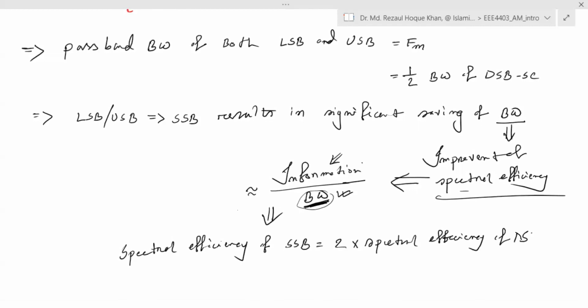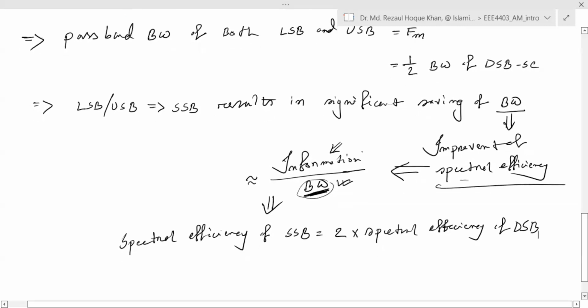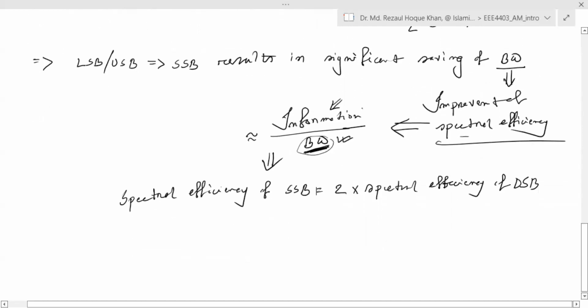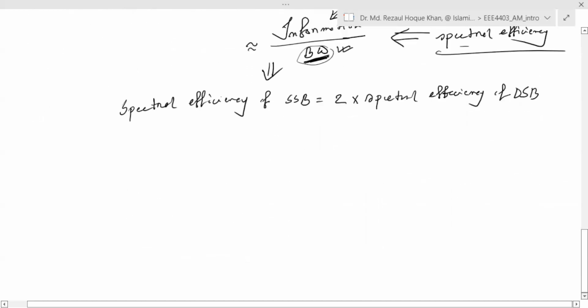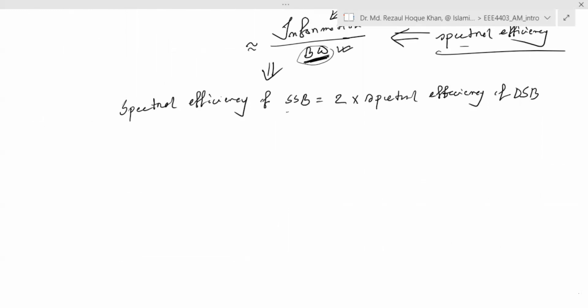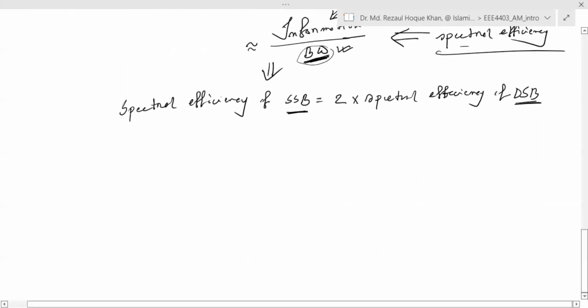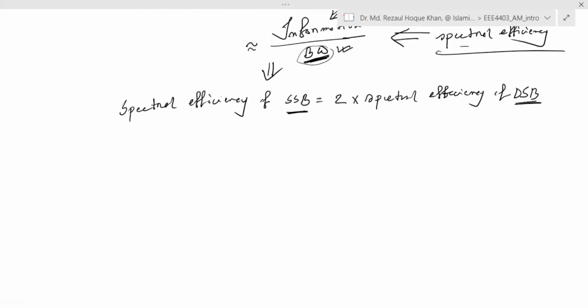In single sideband, the spectral efficiency is double because it uses half of the bandwidth. That is the conclusion for SSB: it is much more efficient because you are transmitting only one of the sidebands, not both together. In DSB you have to transmit both sidebands together.